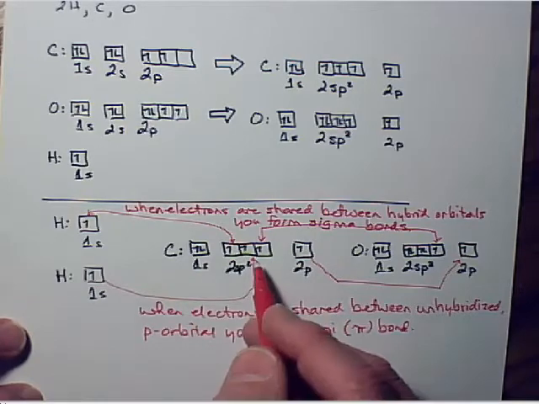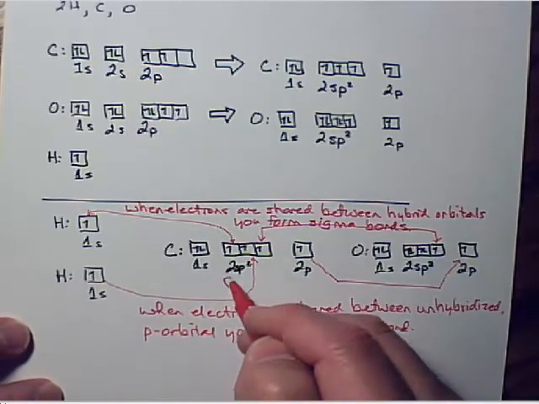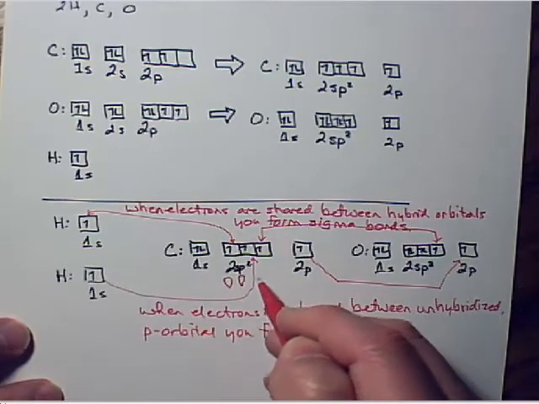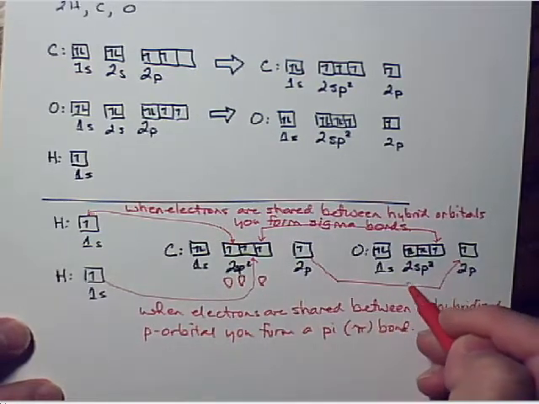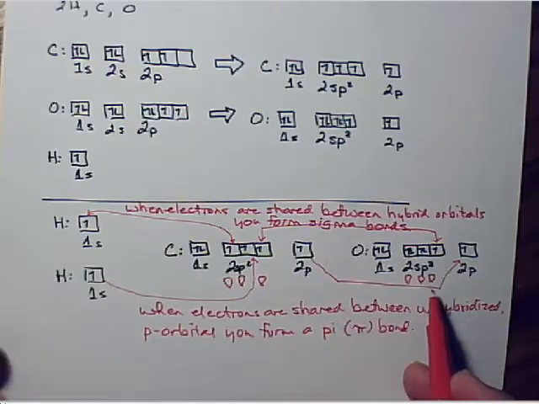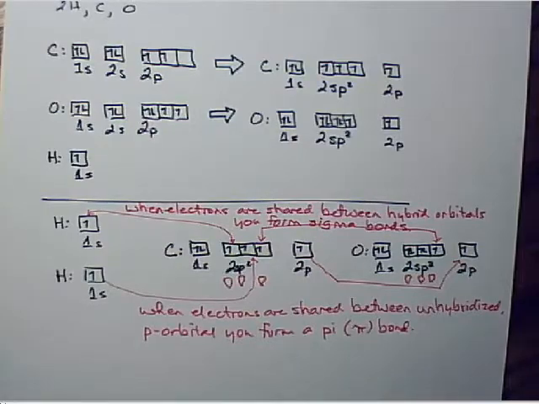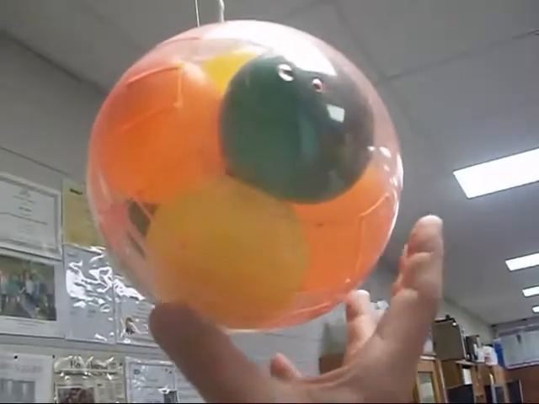Okay? The hybridized orbitals like these will all be single balloon shapes. The p orbitals, if you recall, we were originally doing the shape of orbitals before we did any hybridization.